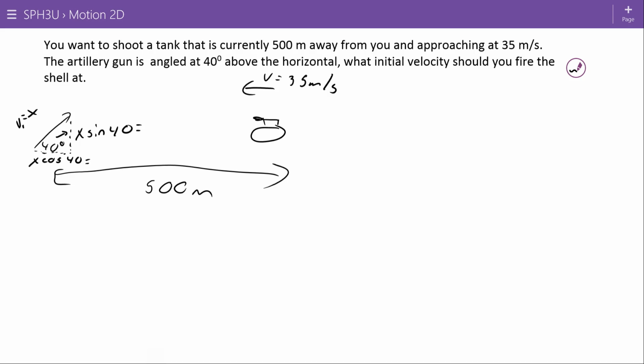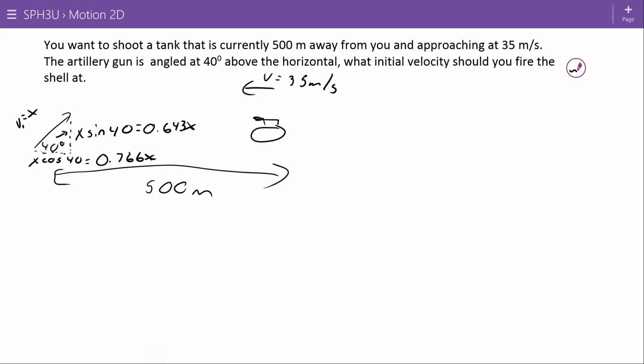So if I just put sine 40 into my calculator, I get 0.643x. And for cos 40, 0.766x. So we don't know what the initial velocity is in the vertical and the horizontal direction, but we do at least have a relationship between them through this common variable x.